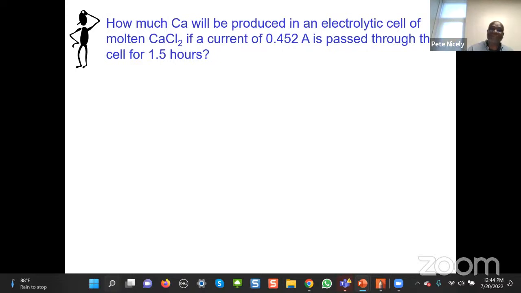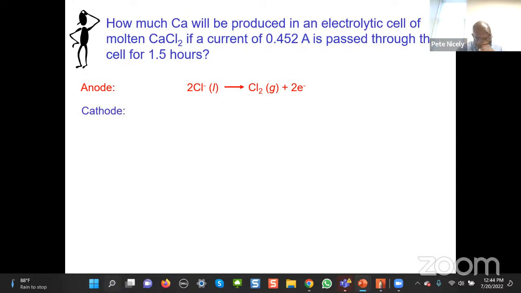So the first thing I would do is try to figure out the equation for the formation of calcium from a molten calcium chloride sample. So I would write down the anode reaction, which would be where the chloride ion is converted to chlorine gas, and then the cathode reaction, where the calcium ion is converted to calcium solid, right?